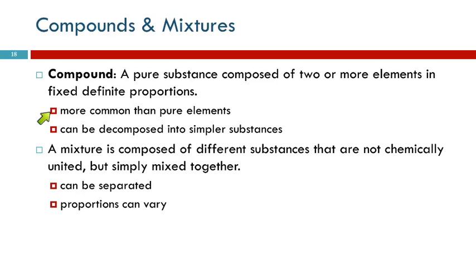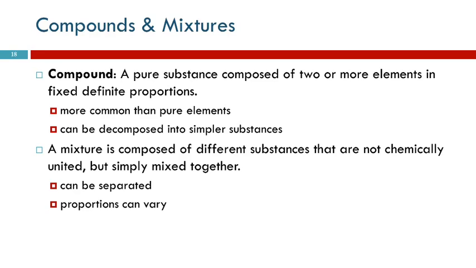Compounds are much more common in nature than pure elements. Pure elements are hard to find, just hanging out by themselves. They are usually combined with other elements into compounds. Compounds can be decomposed into simpler substances. So a mixture is different substances, but they are not chemically bonded together. They're just jumbled, mixed together.